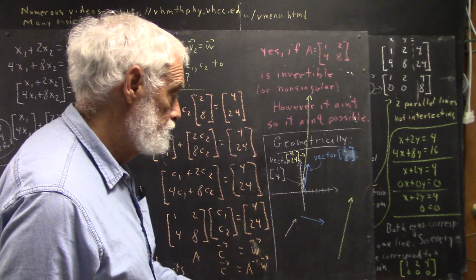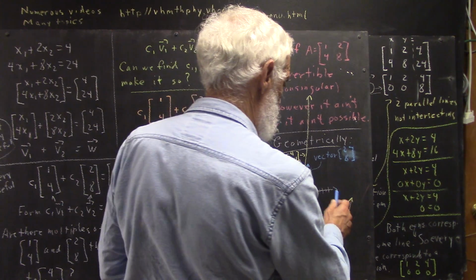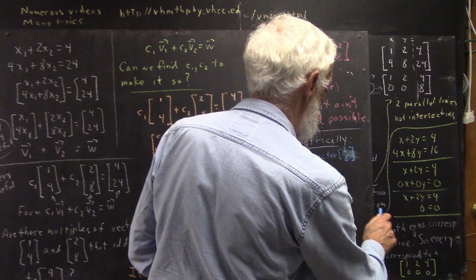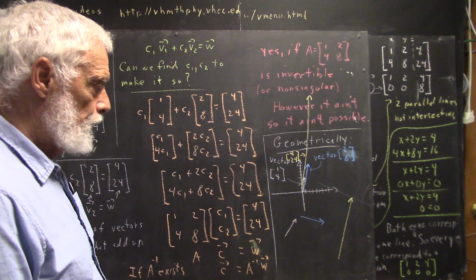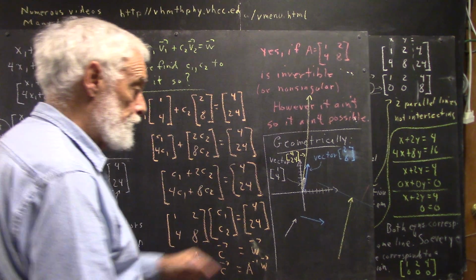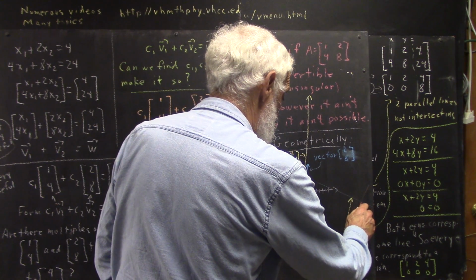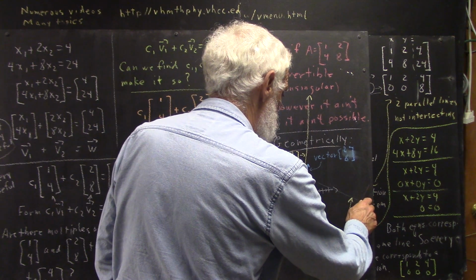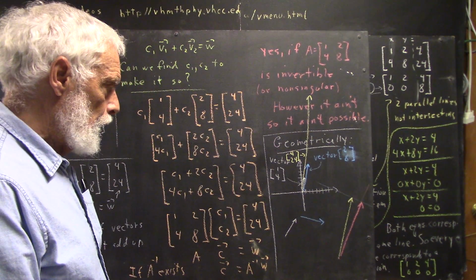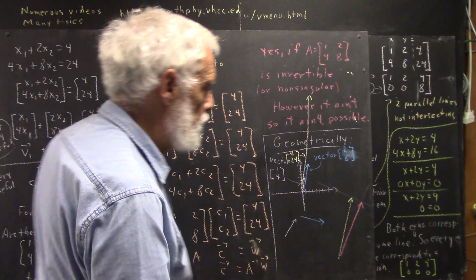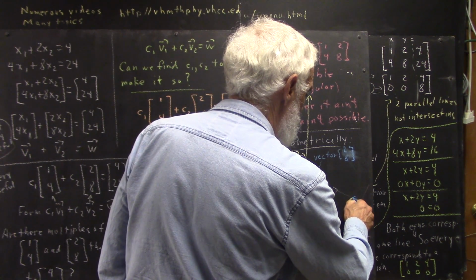This vector is in this direction. Okay? Now, there is some multiple of this vector, if I've got the directions right, that's equal to this. Okay? And there's a multiple of this vector that's equal to this.